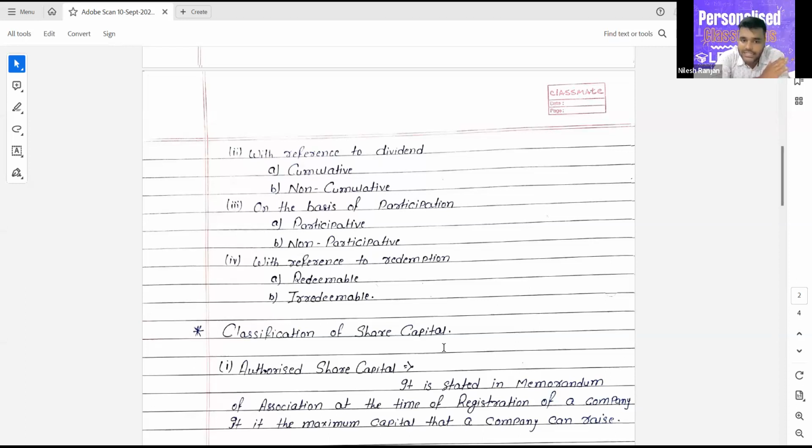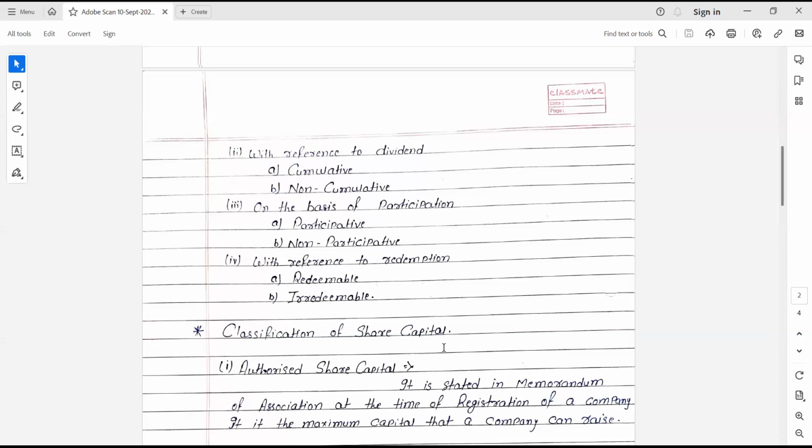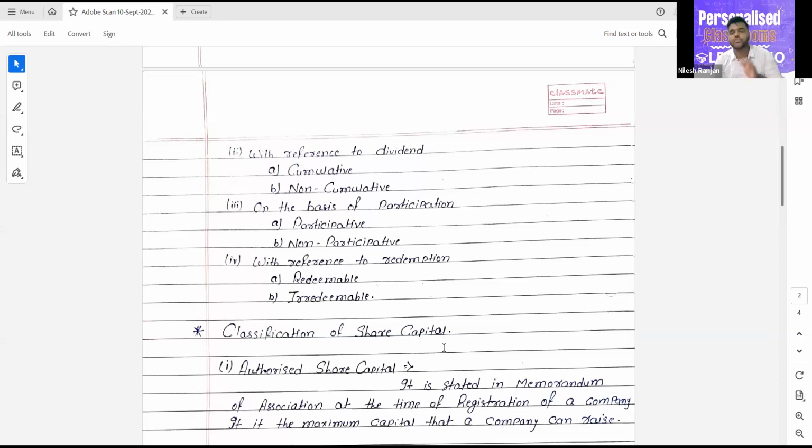It is the maximum capital that a company can raise. Means this is the maximum capital of a company. It is mentioned in the Memorandum of Association. This is an important document for a company. In this document we mention our capital and some other things also. We will discuss this after classification of share capital.